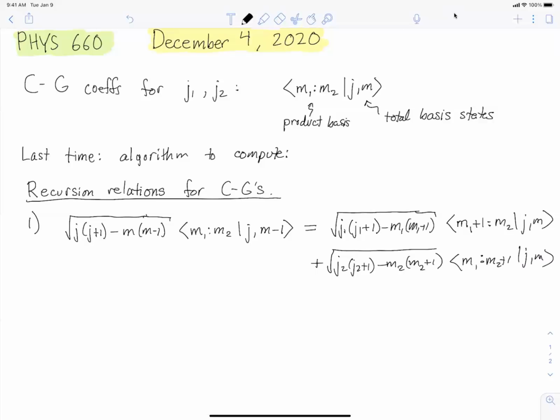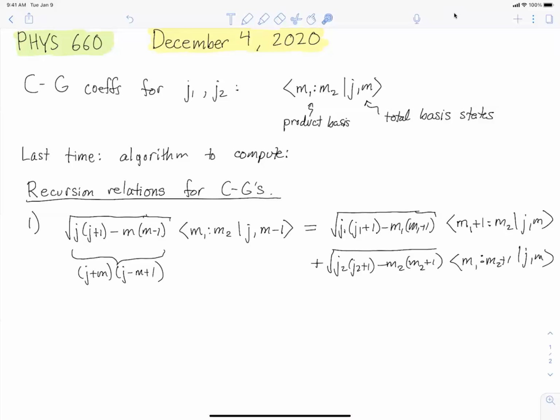By the way, there's a different way of writing the thing under the square root. For variety, one could write it as j plus m times j minus m plus 1, since it factors. So there are two different ways of writing the thing under the square root that are of roughly equal complexity. There's no particular reason to favor one or the other, and they don't look immediately obvious to me that they're equal, but they are.